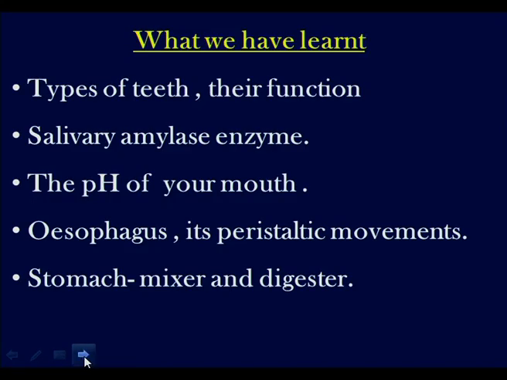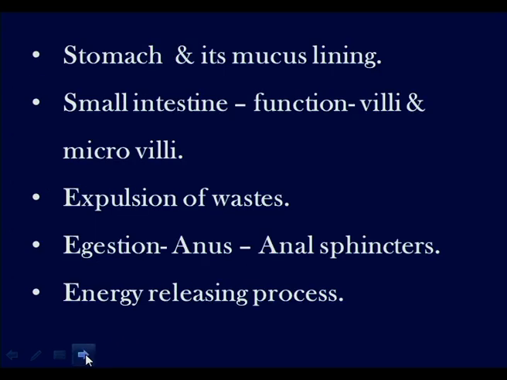What we have learned: types of teeth, their function, salivary amylase, the pH of your mouth, esophagus and its peristaltic movements, stomach as mixer and digester, its mucous lining, small intestine, functions of villi and microvilli, expulsion of waste, egestion through anus, anal sphincters and the energy releasing process.